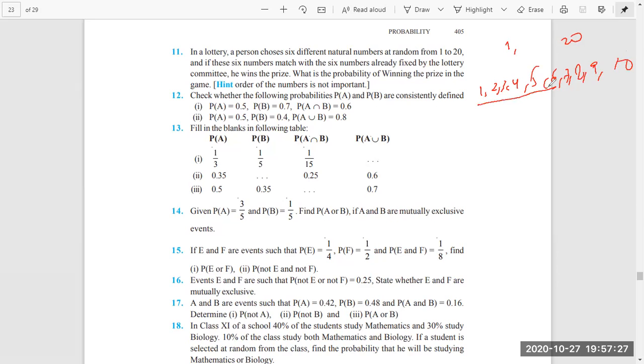First I will take 6, then I will take the next 6. That's how many times I can take till I reach 20, this till 15.